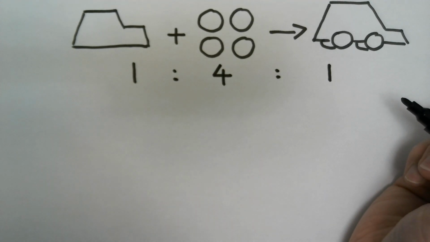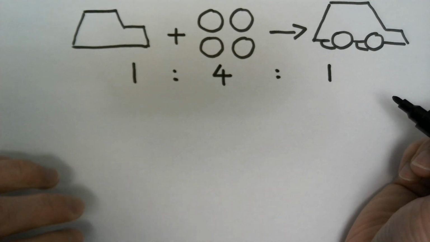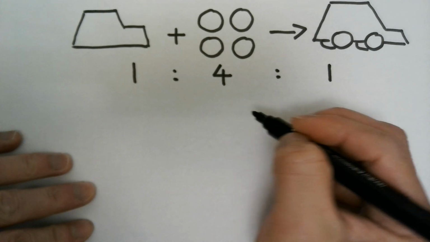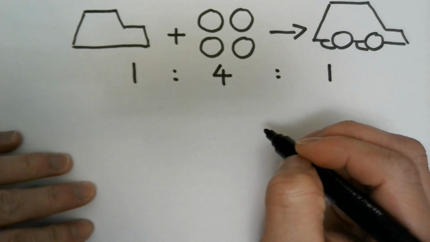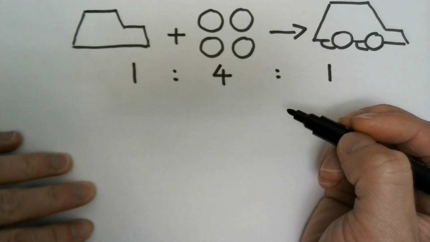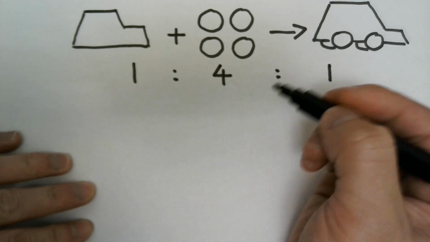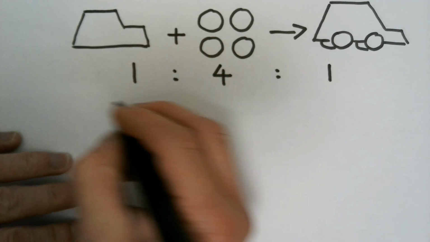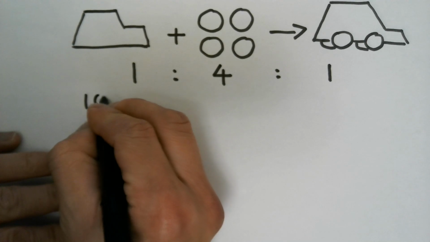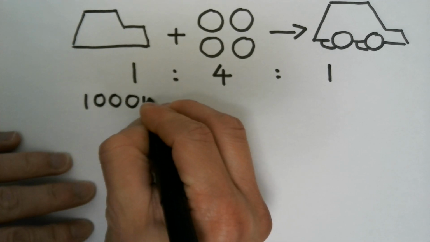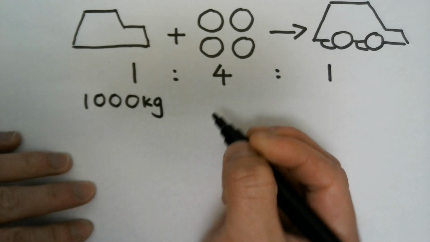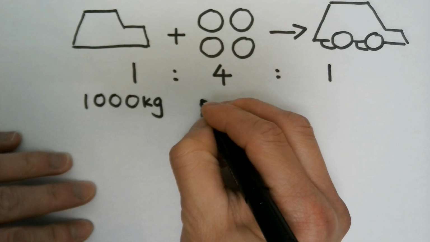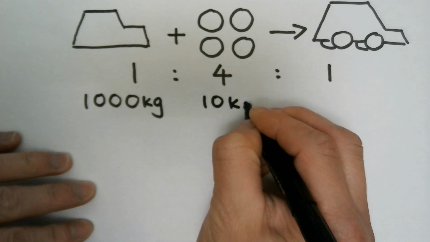But the questions that you'll be given won't necessarily give you the number of moles. They will tell you the masses. So with the masses, you have to work out what the answer is. So let's say, for example, this car body weighs 1,000 kilograms. Let's say each of these wheels weighs 10 kilograms.